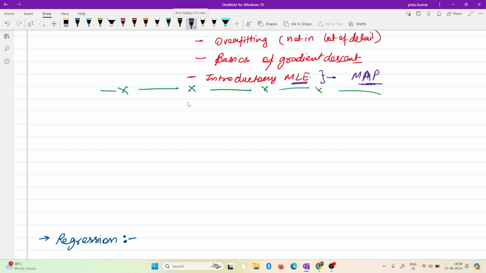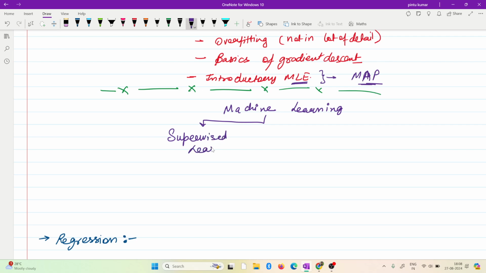So the broad umbrella of machine learning can be divided into 2 or 3 categories. The first category you can call supervised learning.